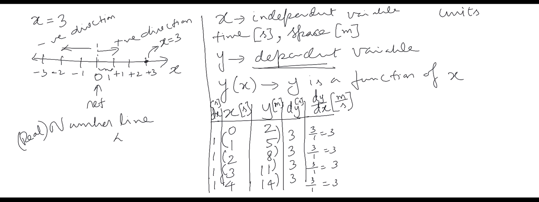So we are saying that the dy by dx is going to be a constant in this case, right? Yeah. Constant. So now we need to make that another parameter. So let's call it a constant parameter.